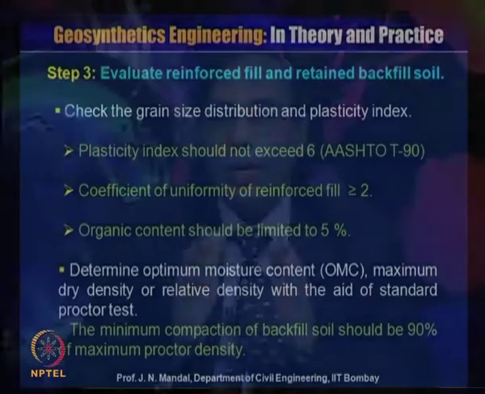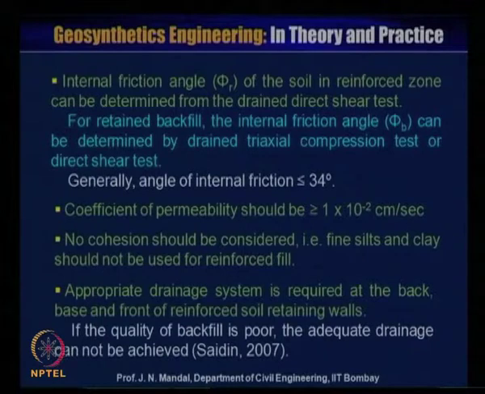If you don't maintain that density, if you don't properly compact the soil, then there is a possibility for the failure of the reinforced soil structure. Then internal friction angle phi of the soil in the reinforced zone can be determined from the drained direct shear test.